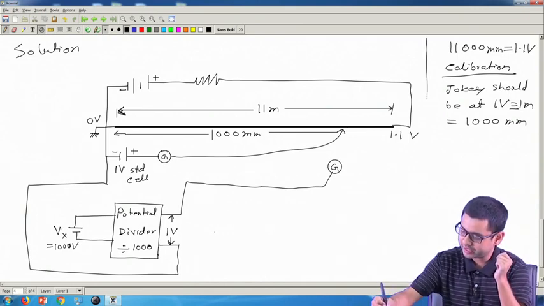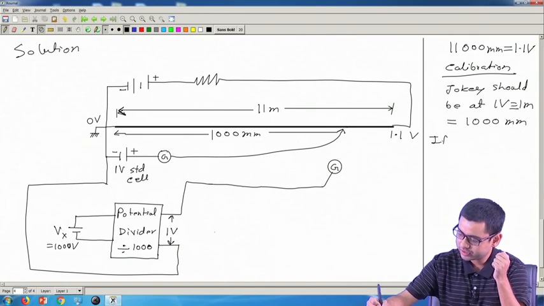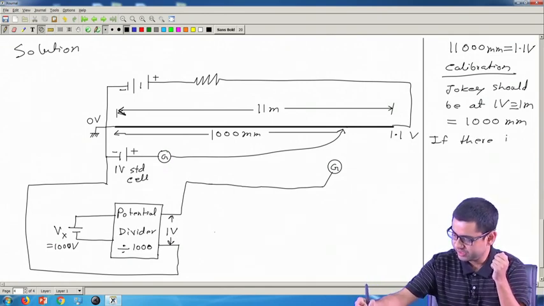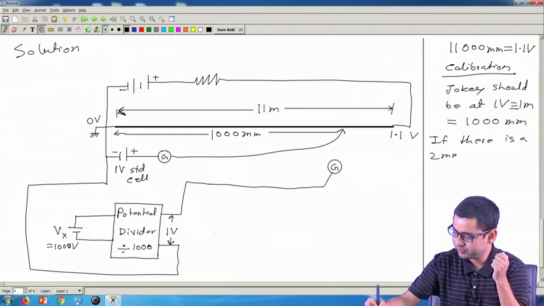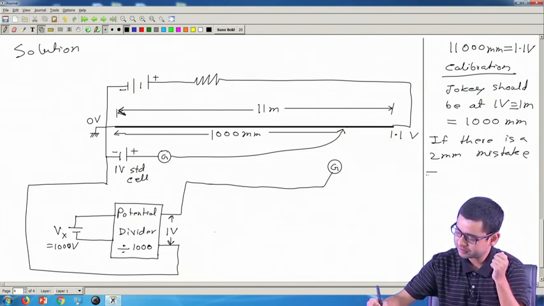Now, once again if we make some small mistake, say 2 millimeter mistake, now this will imply how much error? 2 millimeter over 1000 millimeter.